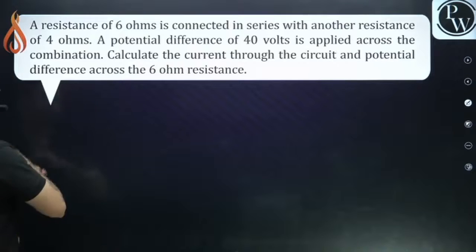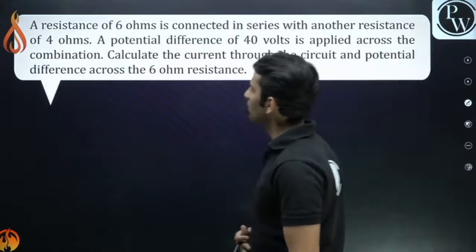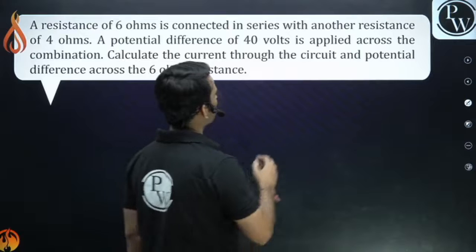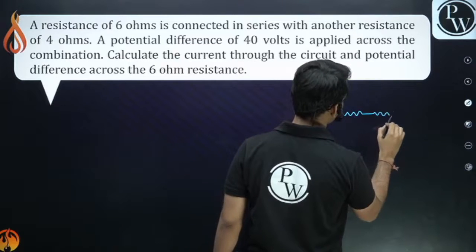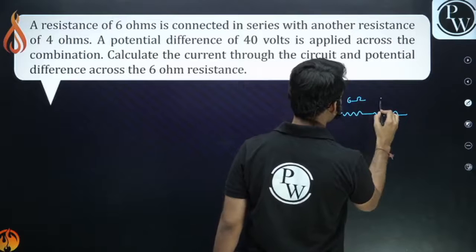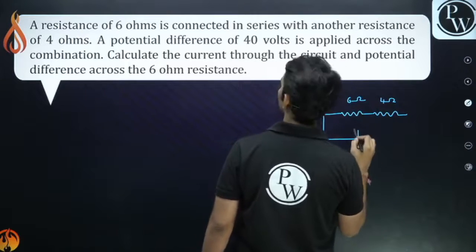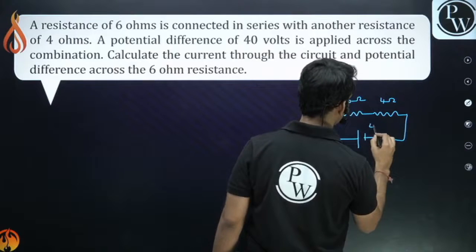Now let's try a question on this. What is written here? It is written that a resistance of 6 ohm is connected in series with a 4 ohm resistance, and a voltage of 40 volt is applied across the combination.